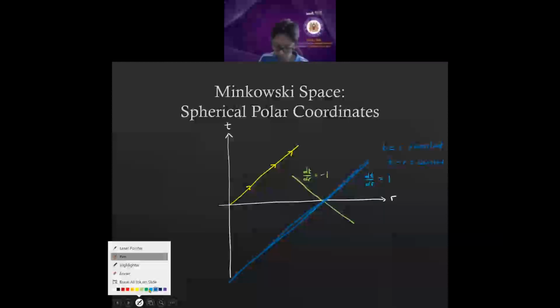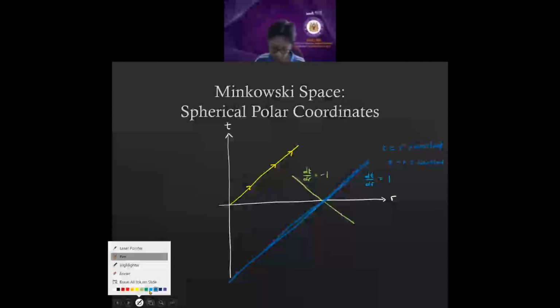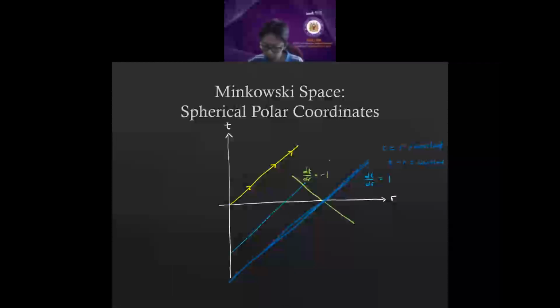Meanwhile, I now consider another path of light, for example this one here. This is going to be described, in a slightly different color, by t plus r equals a constant, but a different constant than the previous one.